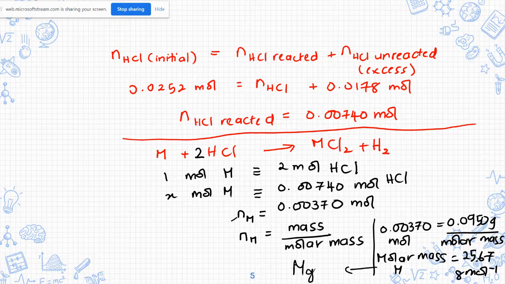So you repeat for sample 2. Then from the 2 molar masses, you decide which is the closest to the theoretical value, and you take that value when you do your discussion and your conclusion.